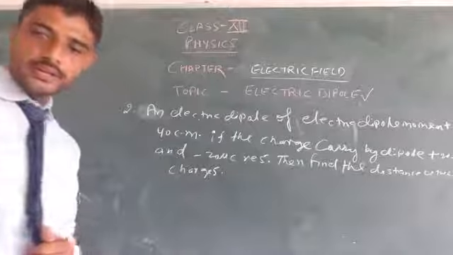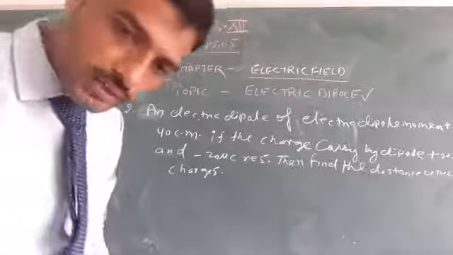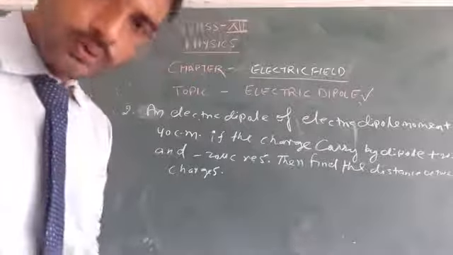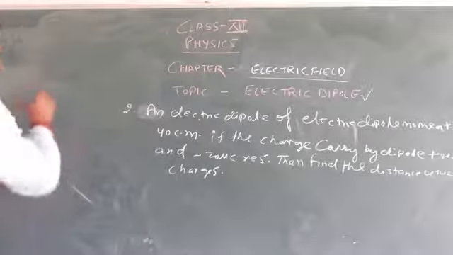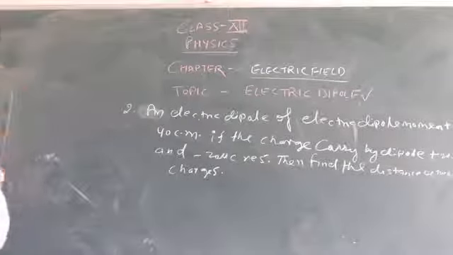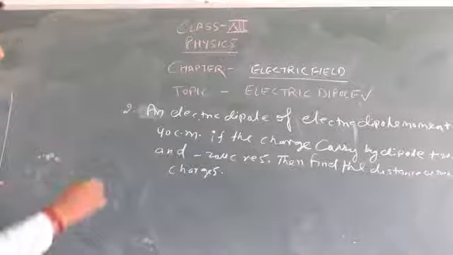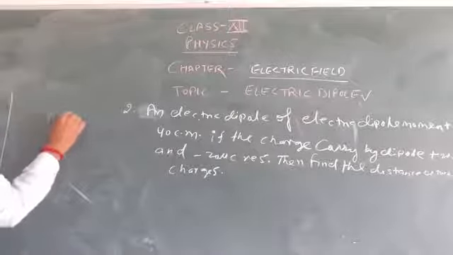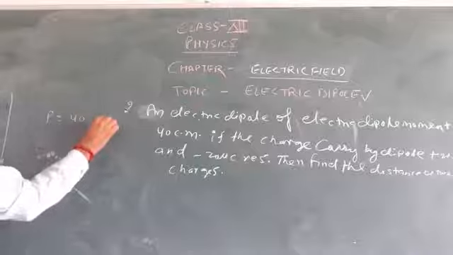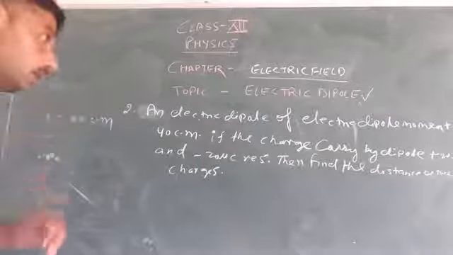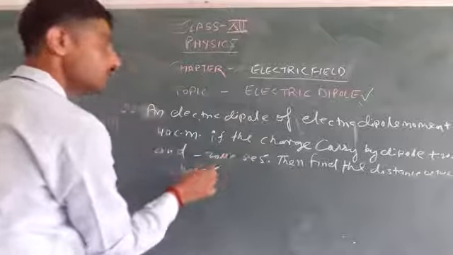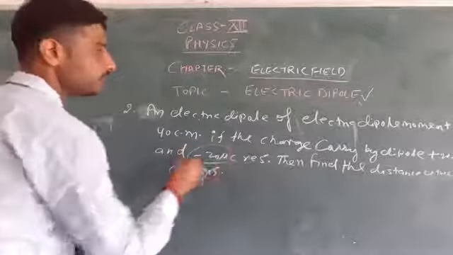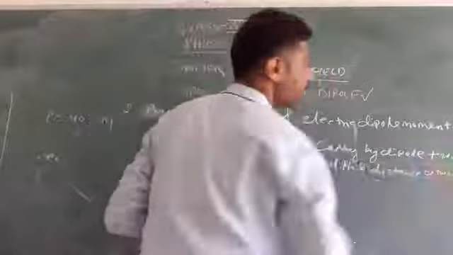So this is a very easy question. You can solve it by using the formula. In this question, as you can see, the value of P is given, 40 coulomb meter, and the value of charge is also given. This is minus 20 and 20.